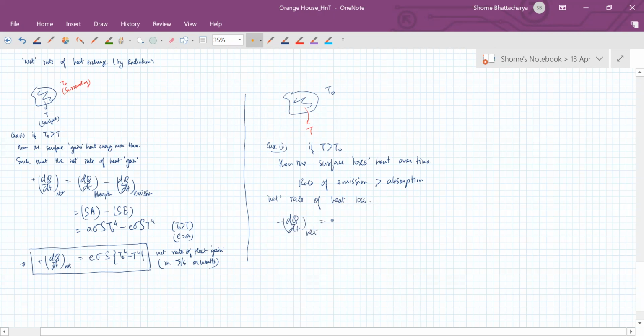And that will similarly become E sigma into surface area into capital T to the power 4 minus T naught to the power 4. Okay, so this is a case of net loss. This is a case of net gain. Again, capital S is the surface area.